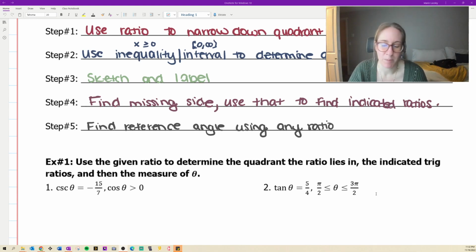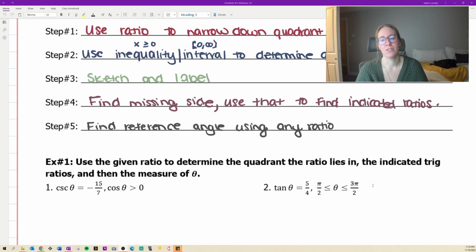If you want to do the reciprocals, you can. You'll notice that your calculator doesn't have a button for the reciprocal functions, but remember it's 1 over sine or 1 over cosine, so that's how you would have to put them into the calculator. So there's that. But you can use those if you want to. I wouldn't recommend it though.